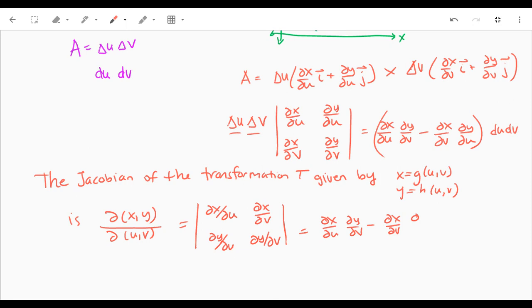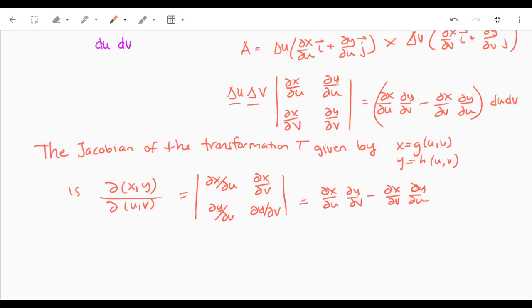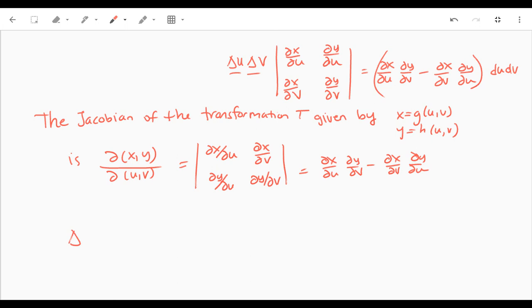I just did the dx dv first and then dy du. That's called the Jacobian, and you have to include the Jacobian when you do your integral. So if we're switching from dA being dx dy, it's going to equal the Jacobian, and I forgot the bars on the side there.